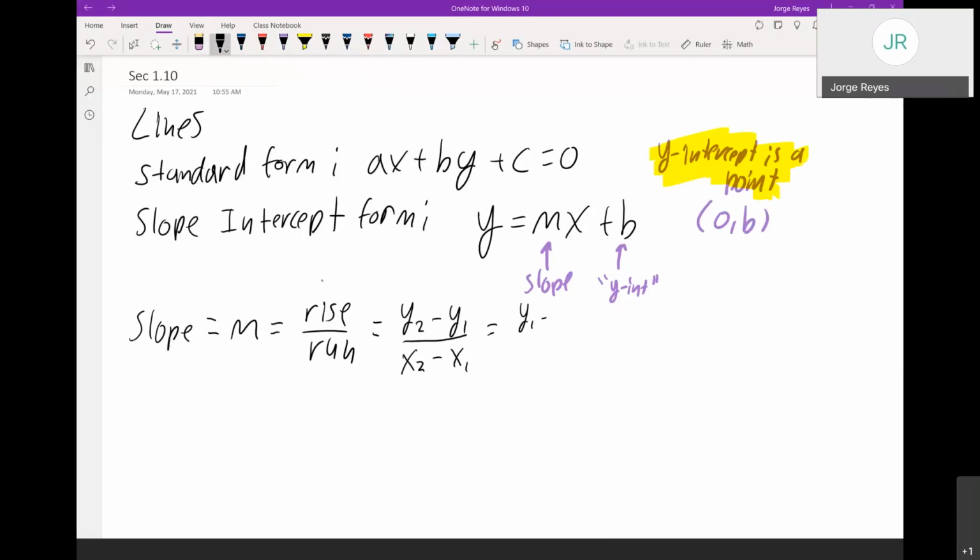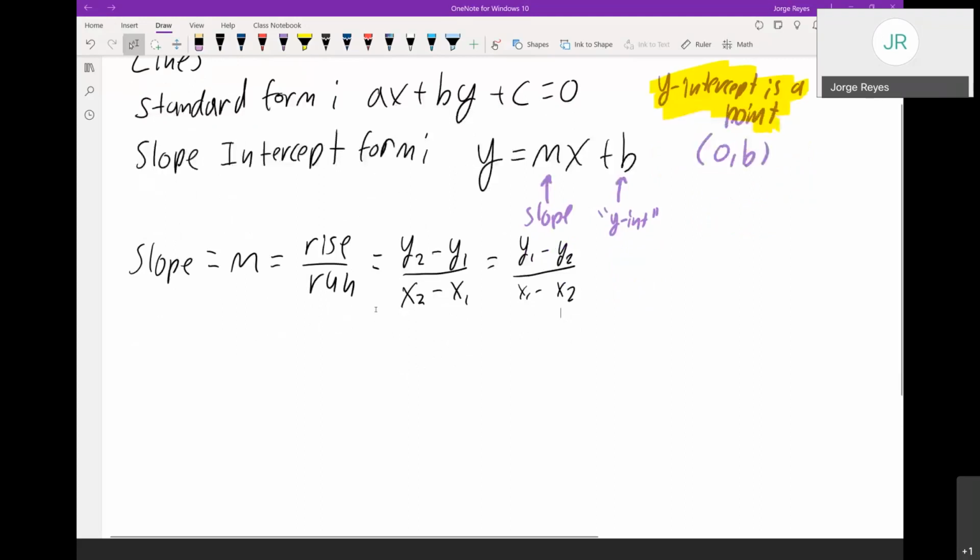And you can switch the order: y1 - y2 over x1 - x2, it does not matter. But this is slope, and you need to be able to figure it out given 2 points.